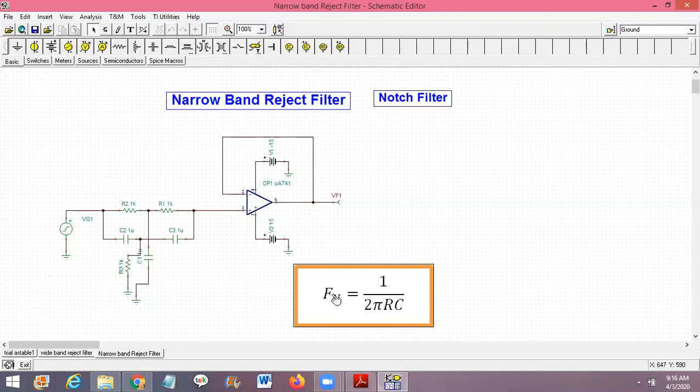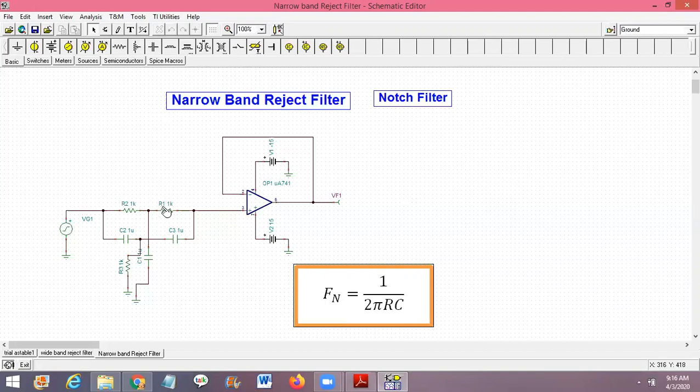Okay. So that notch frequency is represented by f of n, which is equal to 1 by 2 pi R C. This is the formula. Now, f of n represents what? Suppose I want to notch a 60 hertz frequency. Okay. So this becomes 60 hertz, equal to 1 by 2 pi R C. You have to design the value of R, wherein R1 is equal to R2, and R3 will be R by 2.